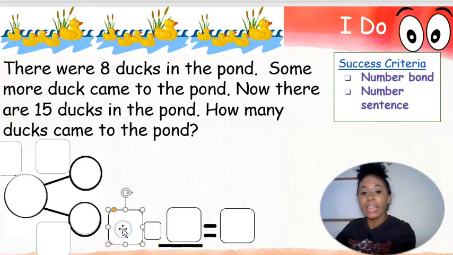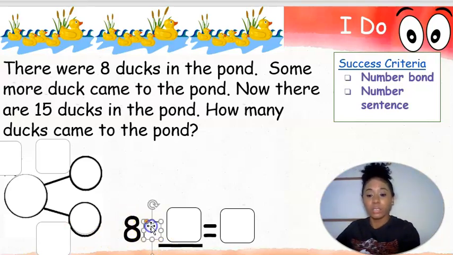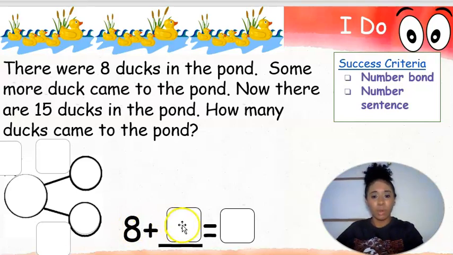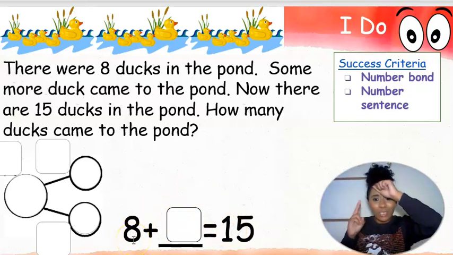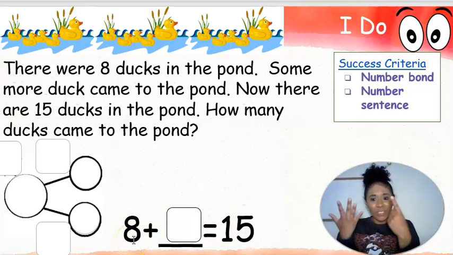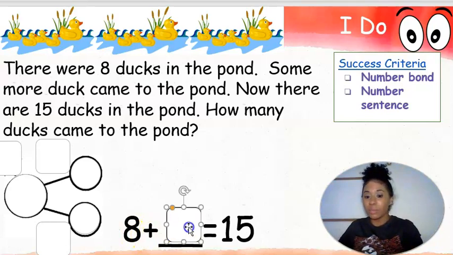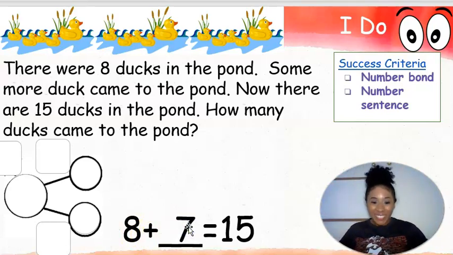There were 8 ducks in the pond, more ducks came over, and then there were 15. Whoa, this is just like how I counted on. I started with 8 and I counted on until I got to 15. And that gave me 7 fingers, which tells me that missing part is 7.